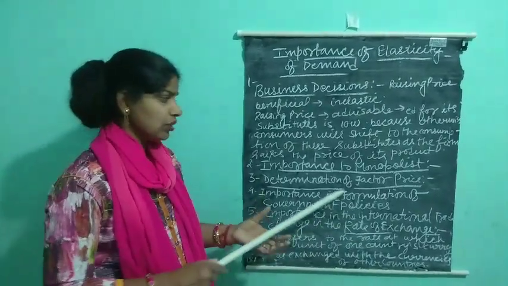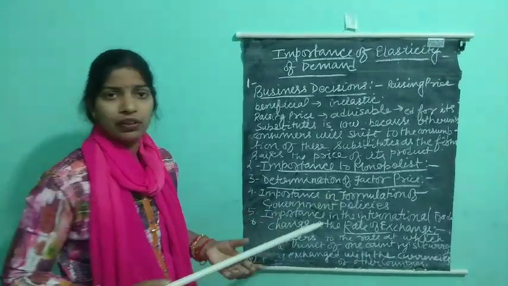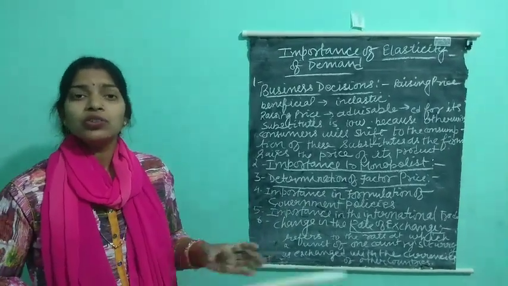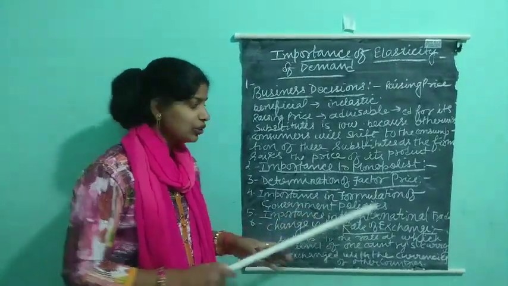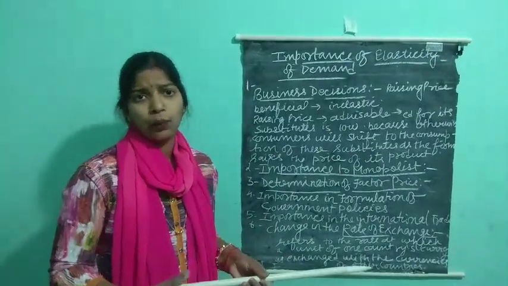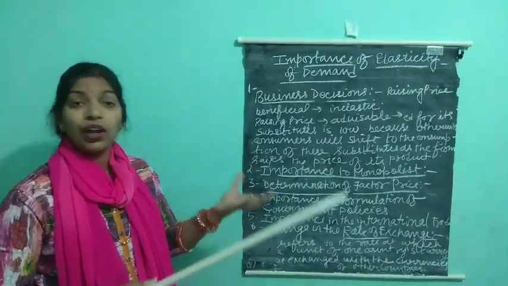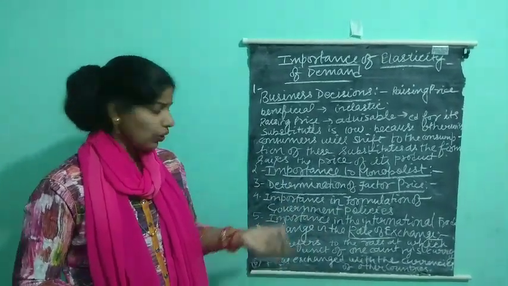The producer who is using the factor labor will use less labor. In this way, there will be creation of unemployment also, because at higher wages he cannot give work to all the workers who are doing work.